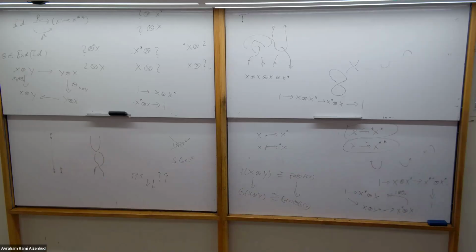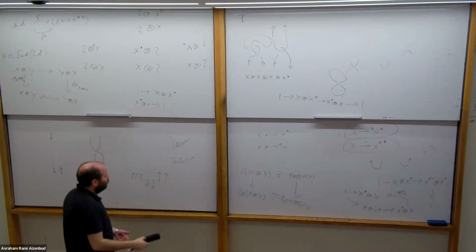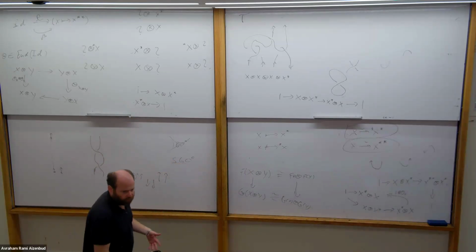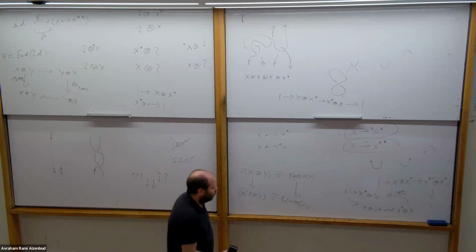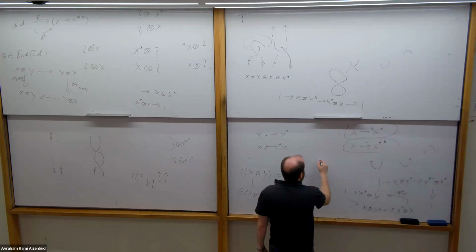Yes, so that's why we have to take this composition, the braiding with the twist. Without the twist, we will not have it. And you can also express it using the pivotal structure. The pivotal structure goes from x to x double star.